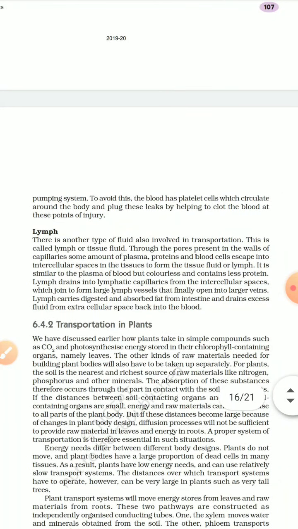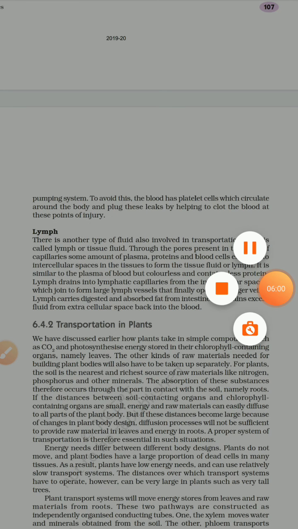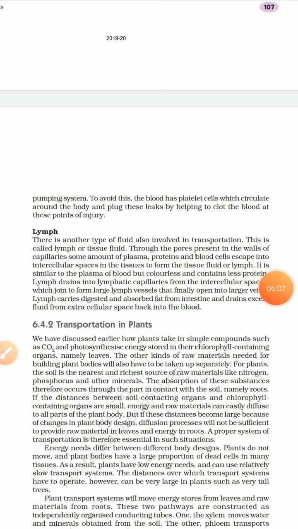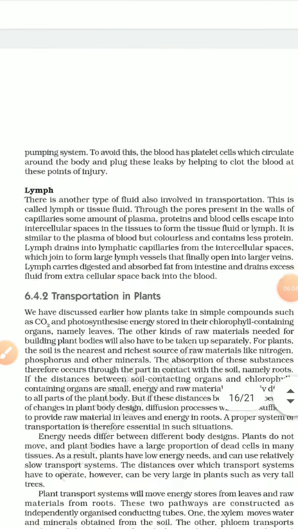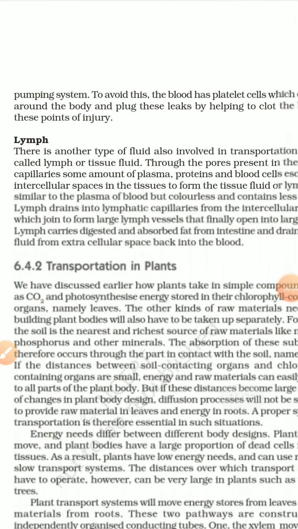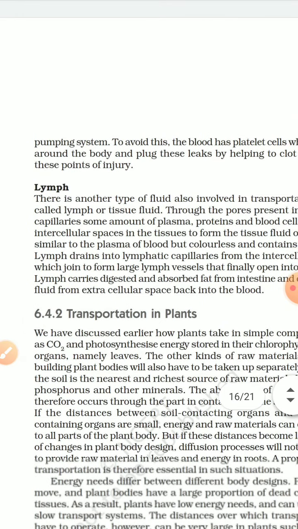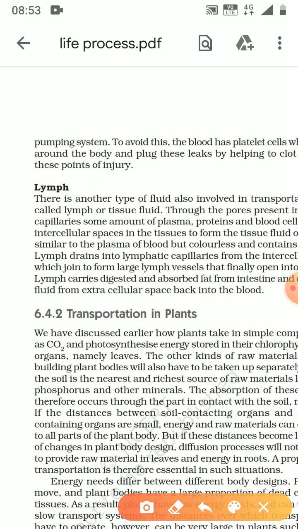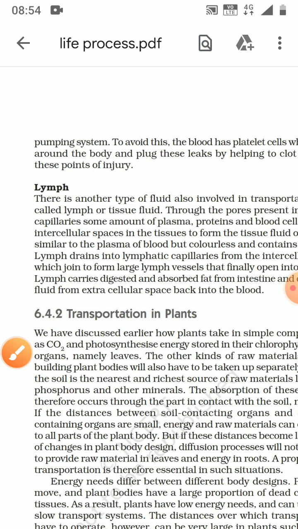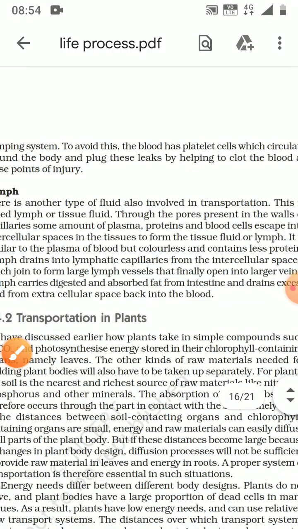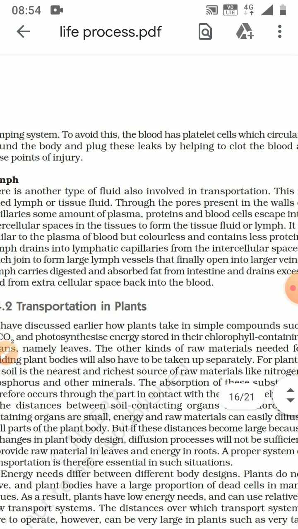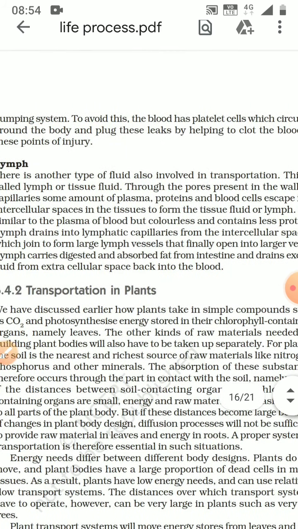Children, one new thing is the lymph. Sometimes the question is asked, what do you mean by lymph? There is another type of fluid also involved in the transportation, but this lymph is found between the tissues.